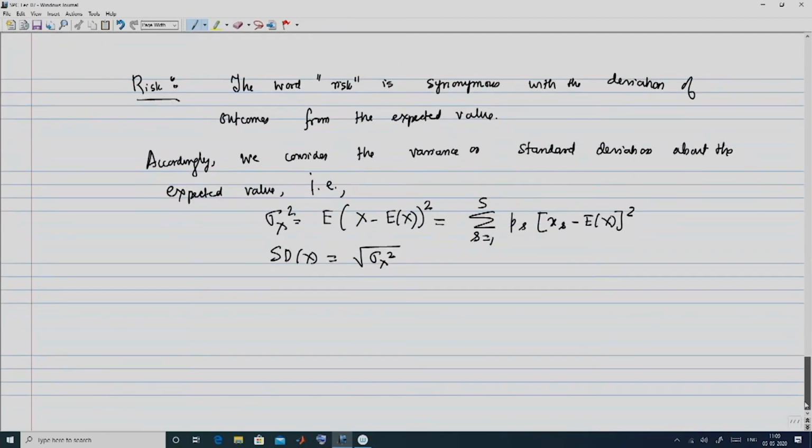And now we are in a position to talk about the risk of a security.